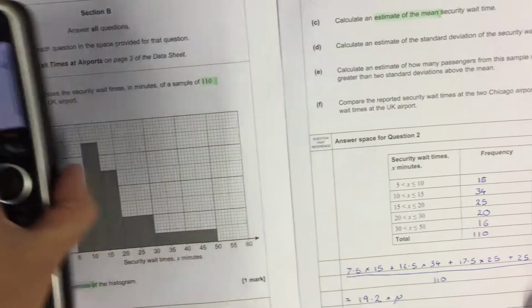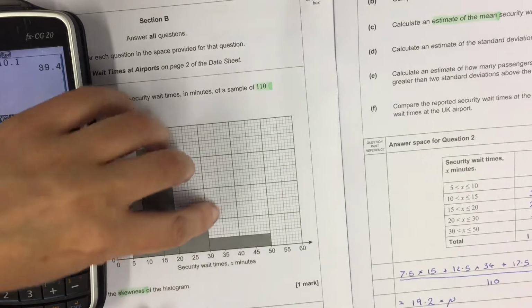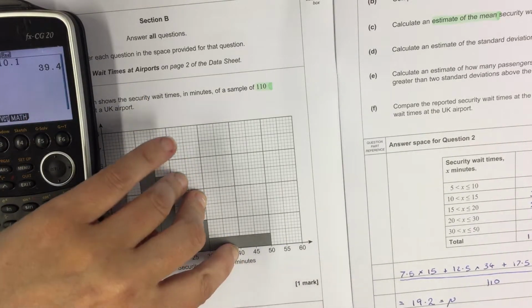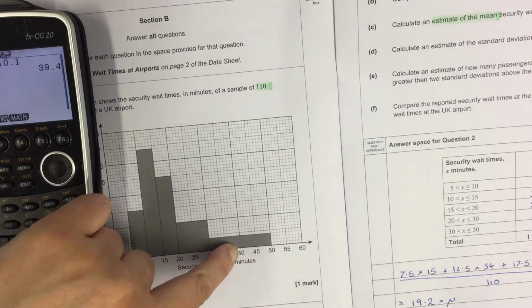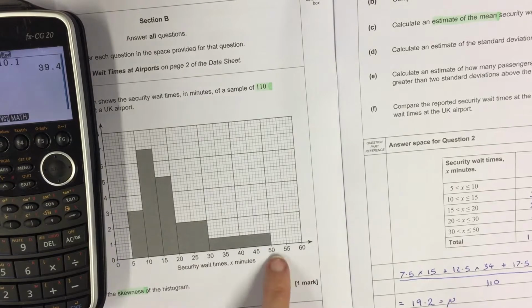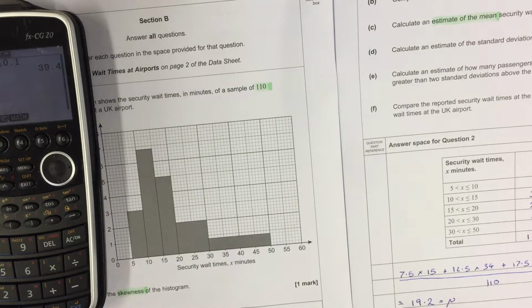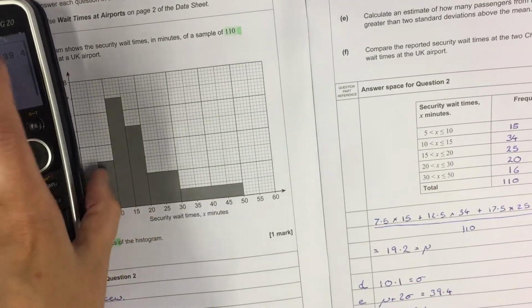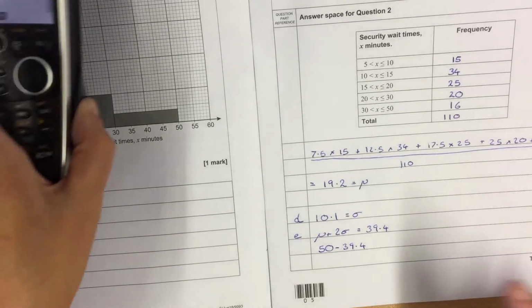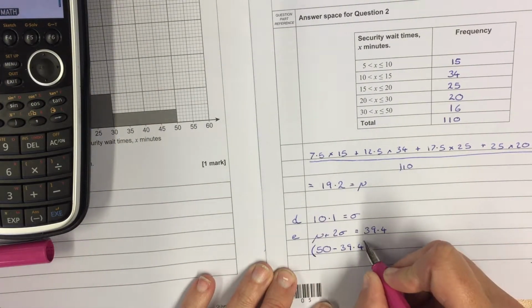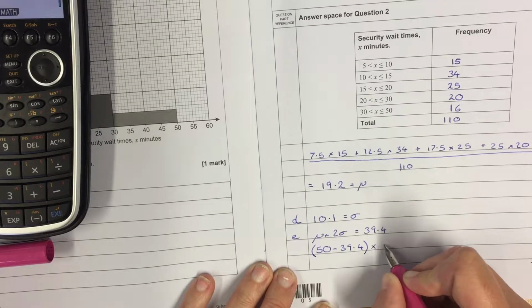So looking at our graph for a second, 39.4 is going to be somewhere in here. So we need the class width from 39.4 up to 50. So that will be 50 take away 39.4. And then we've got to times that by our height, which is 0.8.